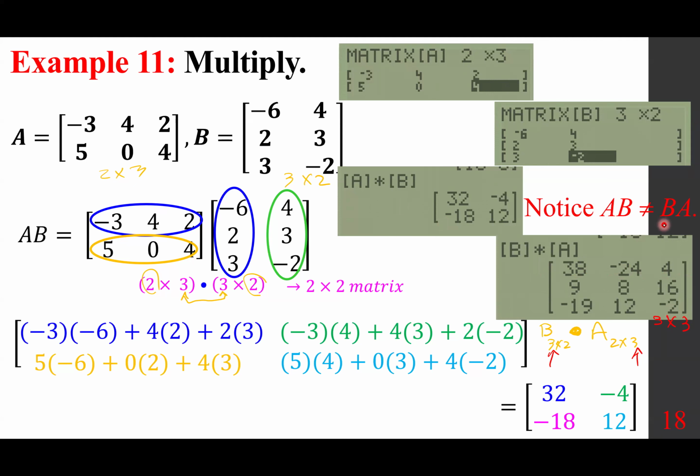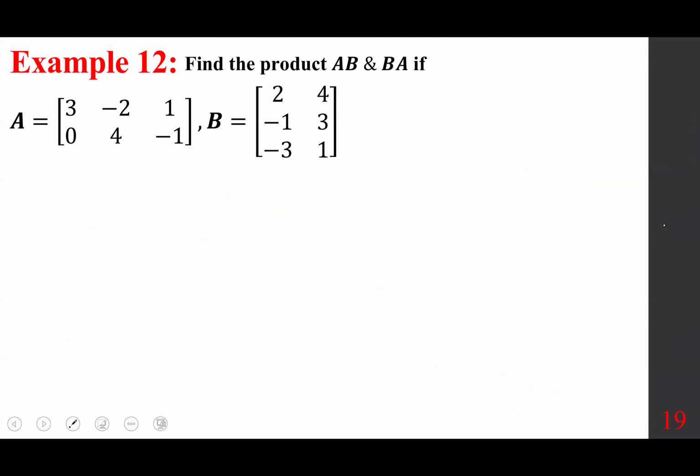They become the same in some cases, including the times that A and B are inverse matrices and their product is an identity matrix. All right.